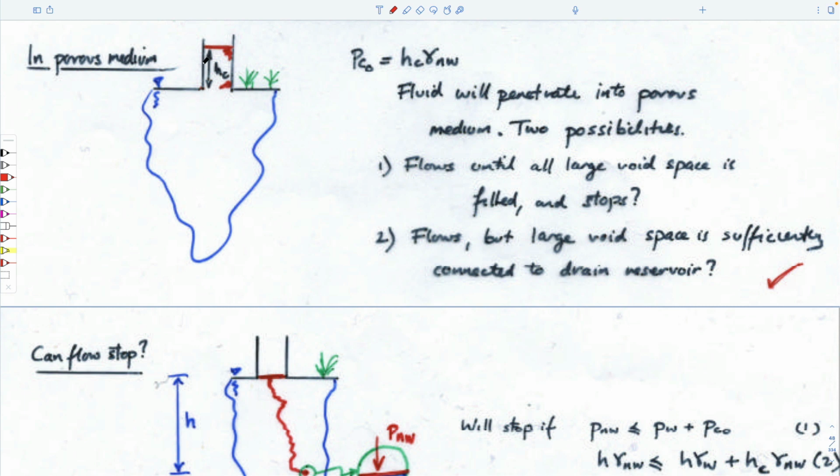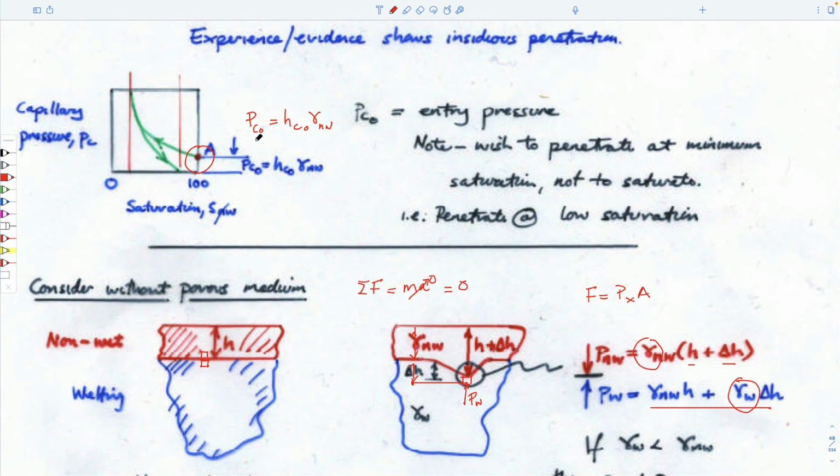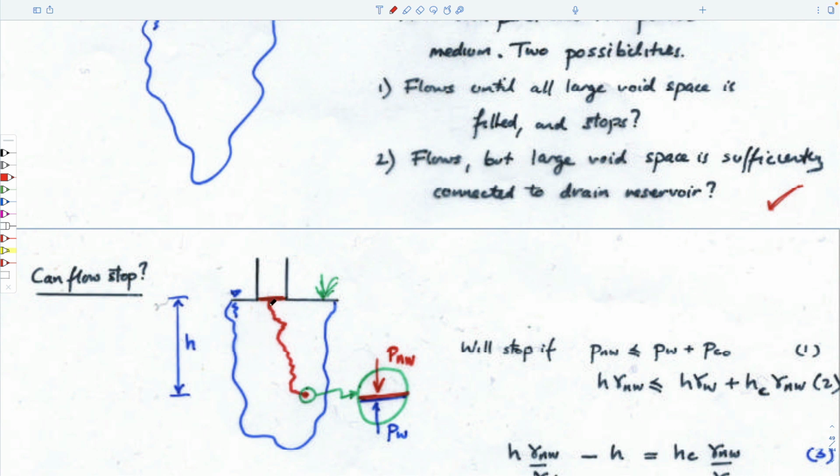And so we have a given height of the fluid acting here, and if this height is equal to what we've called HC0, in other words, this bubbling pressure here, then we'd expect that this would be enough force for this to invade into the porous medium and keep on traveling until we deplete this.